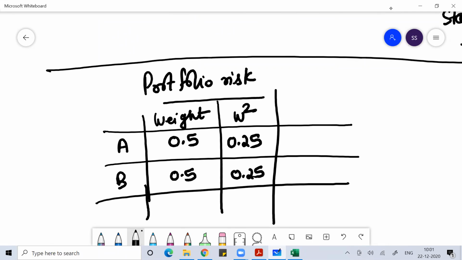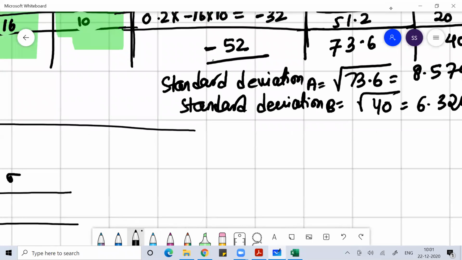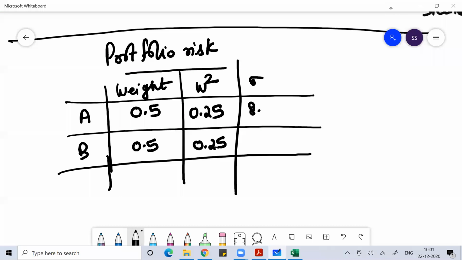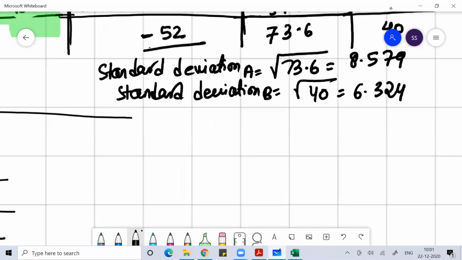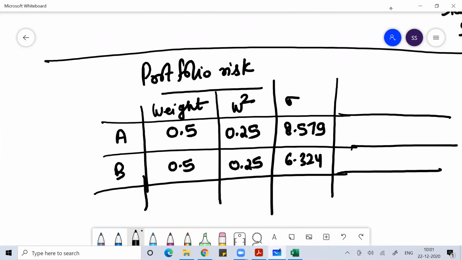Their standard deviations for A and B are 8.579 and 6.324.